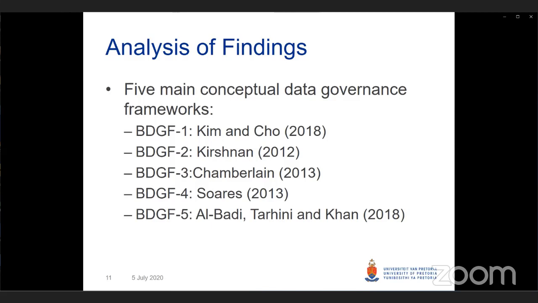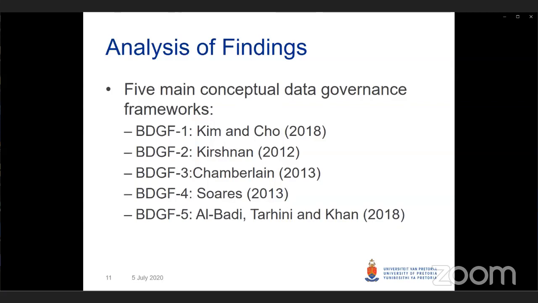BDGF2, presented by Krishnan, adopts and modifies 7 key data governance concepts to govern the implementation of any big data initiative. The selected information concepts adopted were stewardship, information governance, data definition and usage standards, master data management, metadata management, data lifecycle management, and risk and containment.